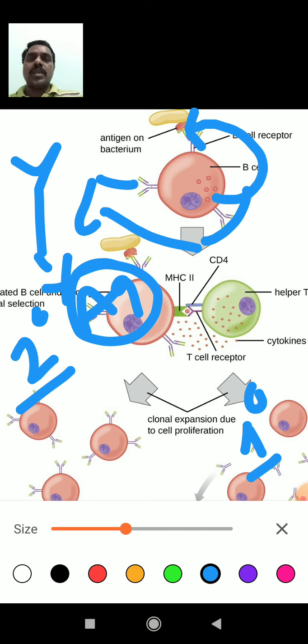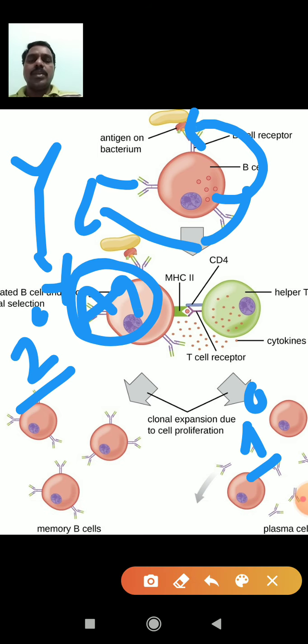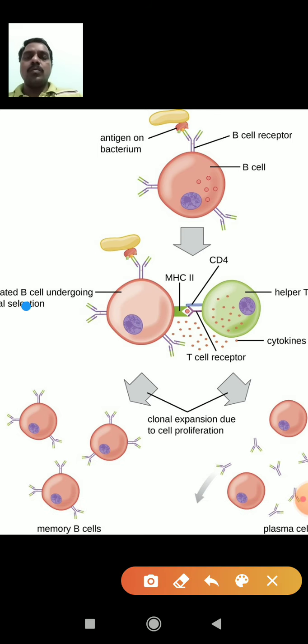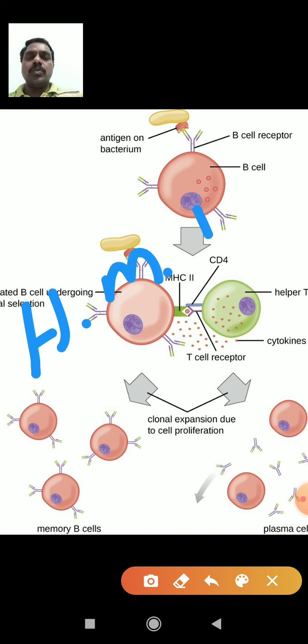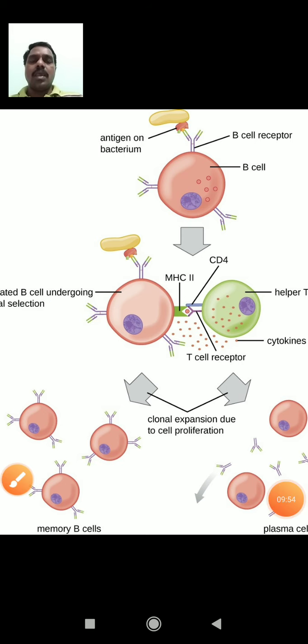So the antibodies indirectly kill the antigens in the blood. That's why we call it humoral mediated immunity, or activation. So this is B cell activation.